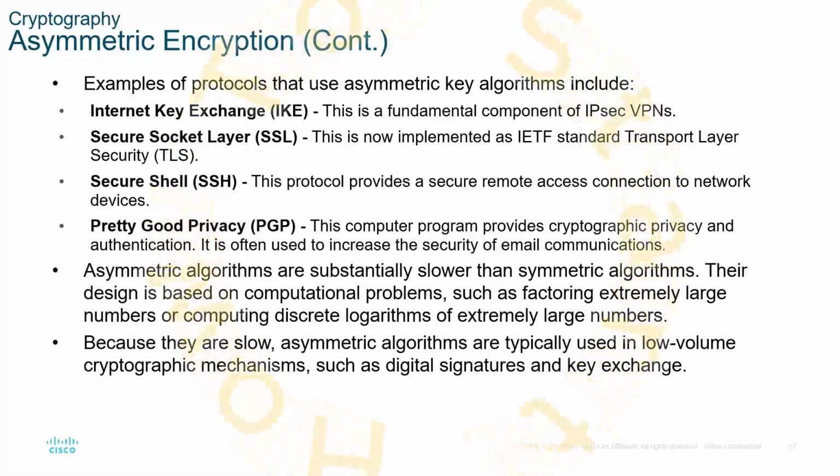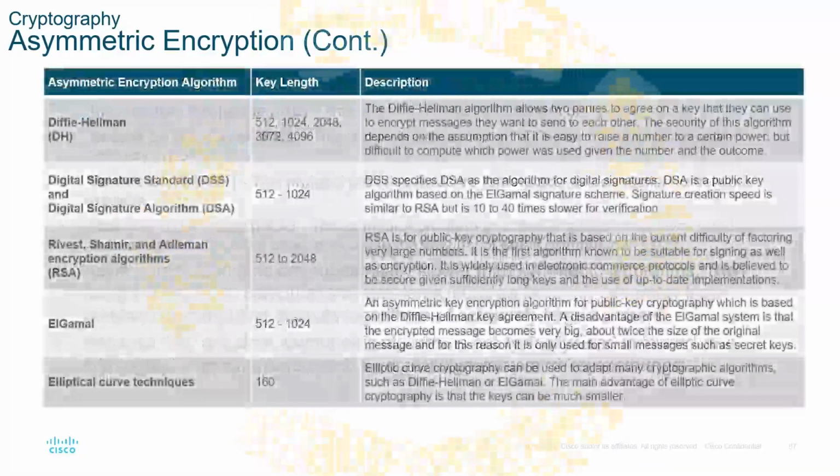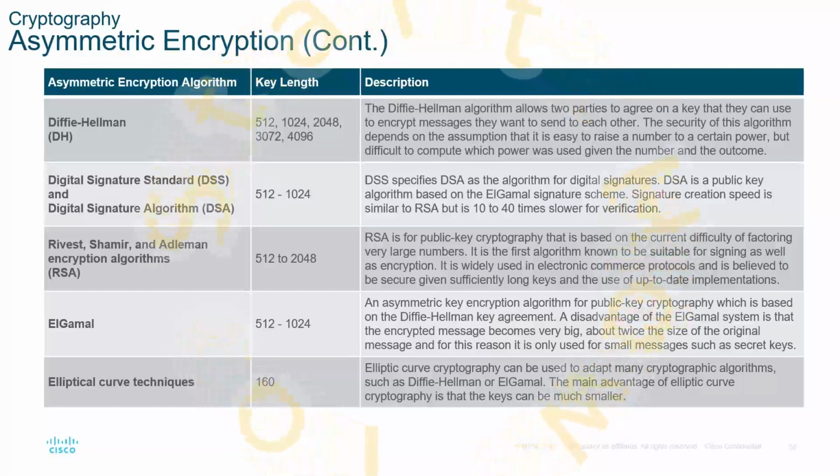Since we're talking VPNs, we have different key lengths. We have Diffie-Hellman, or DH, and again, that could be 512, 1024, 2048, 4096, and so forth. We have our DSS and DSA based keys, and those are for digital signatures.